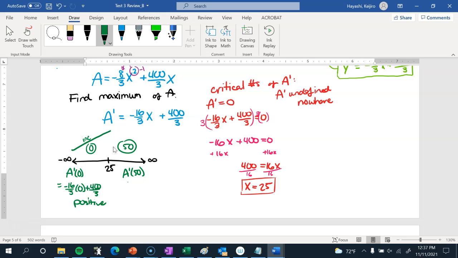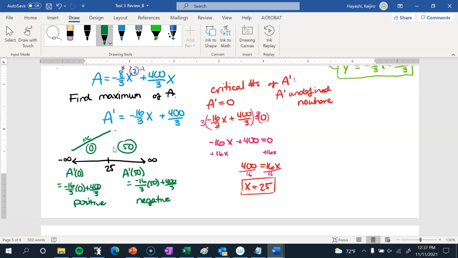And if you plug in 50, you'll get a positive value, or no, you'll get a negative value. Yeah, you'll get -400, I guess. But again, the value doesn't really matter.